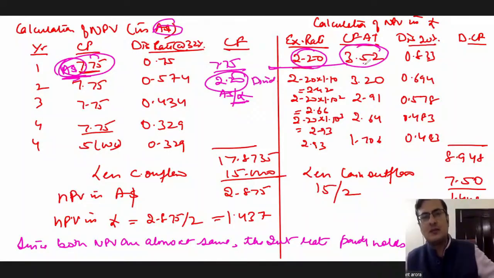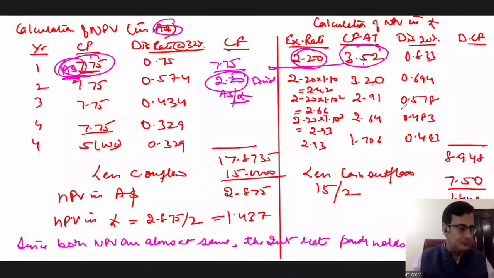So 3.52 is calculated as 7.75 divided by 2.2. 3.2 has been calculated with the help of 7.75 divided by 2.42, 7.75 divided by 2.66, 7.75 divided by 2.93, and so on. Is it clear, Saira? I hope that's clear.